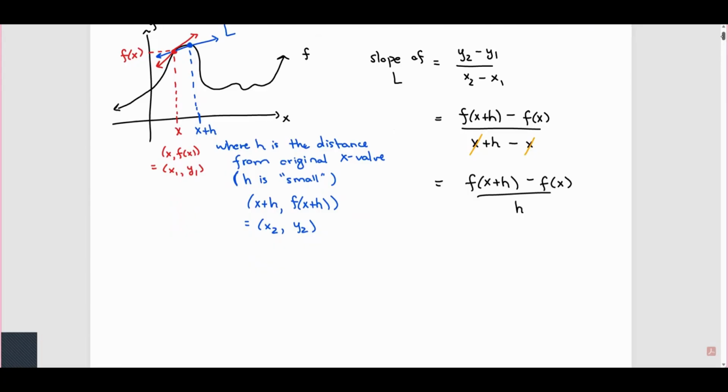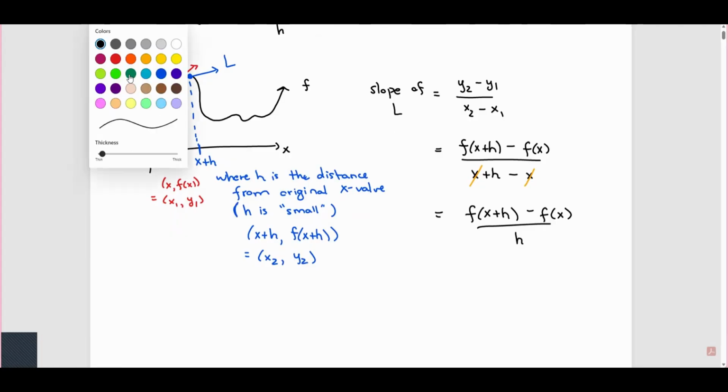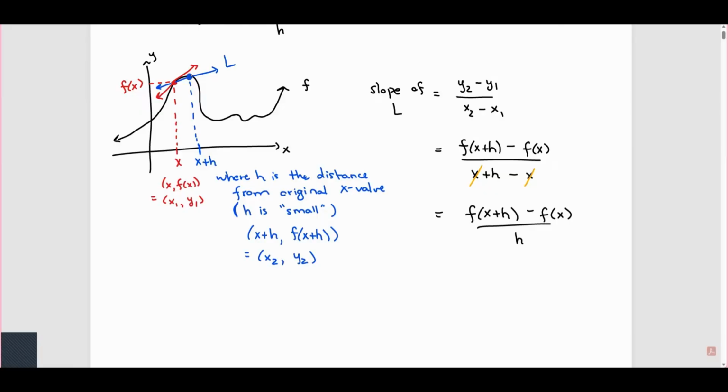So if we're thinking of this line L, my blue line, as being an approximation of that red line, how would I improve my approximation? How would I want to move this blue point to make the approximation better? Well, let's think about it. The closer that blue point is to the red point, the better the approximation is going to be.